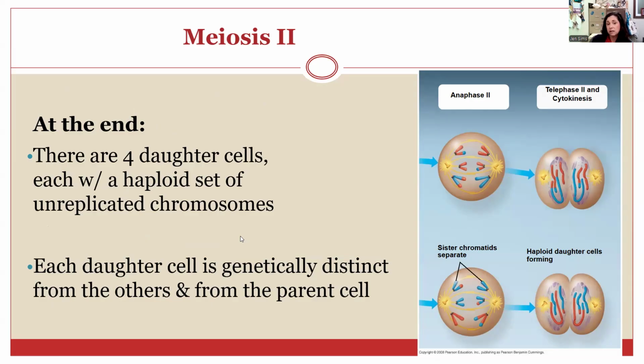Because if you look at some of those diagrams, if you were paying attention to the metaphase plate, some of those chromosomes from dad and some of those chromosomes from mom were lining up on different sides of the metaphase plate. It wasn't like all of mom's lined up here and all of dad's lined up here. It's random.